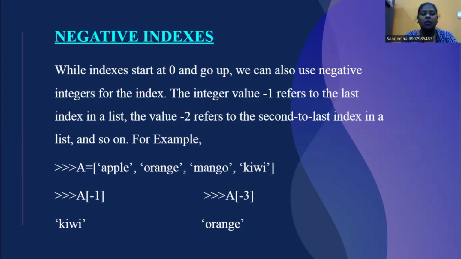If we give the code A[-1], it returns kiwi, because -1 refers to the last index in a list. Here the last item is kiwi, and the index value of kiwi can also be -1. And A[-3] gives orange.